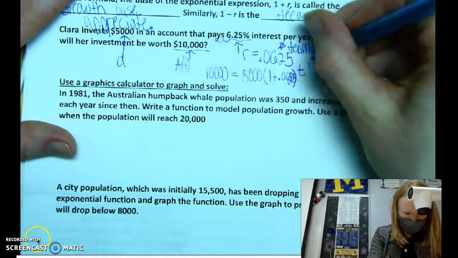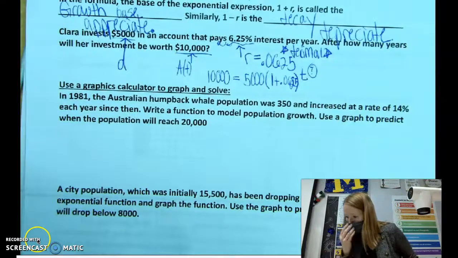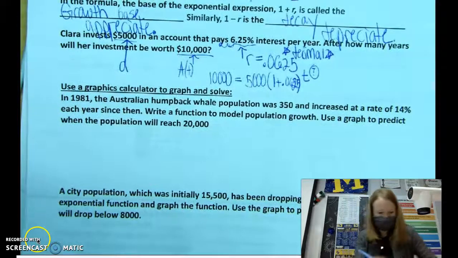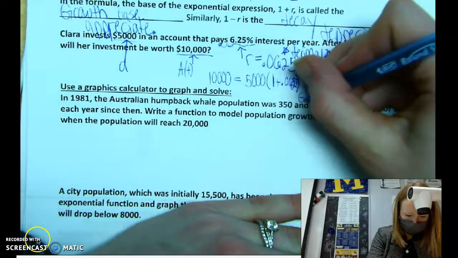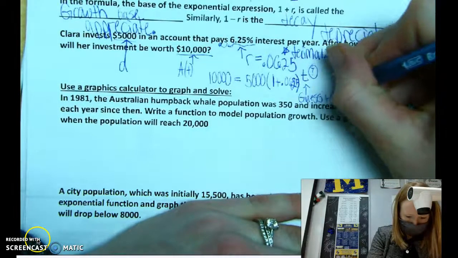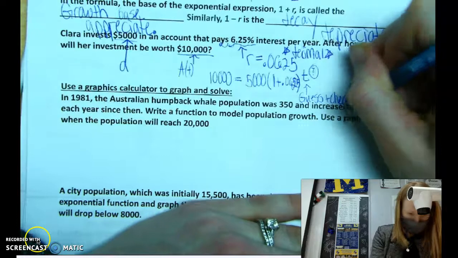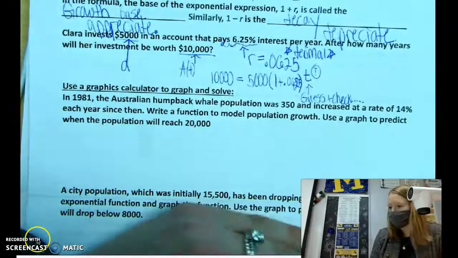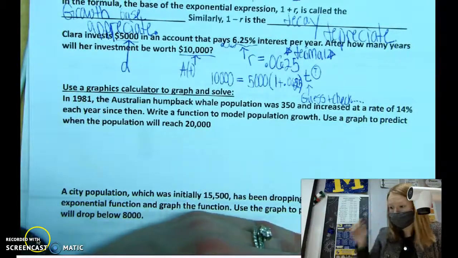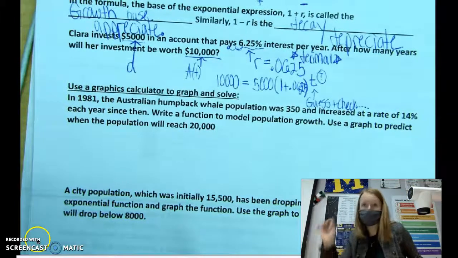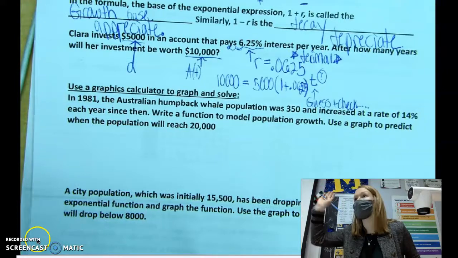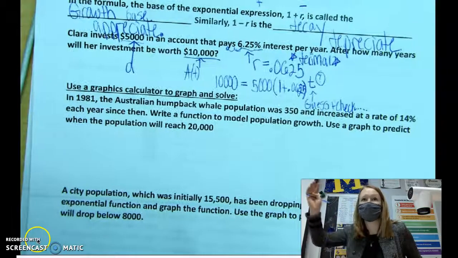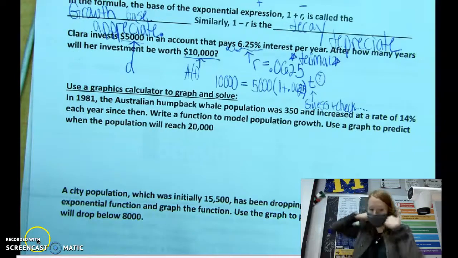And we need to figure out what that time would be. In this case, we don't know how to do this yet, so you'd have to guess and check. If you were to start plugging in for t, you plug in 1, see if you get to 10,000. Plug in 2, see if you get to 10,000. Plug in 3, see if you get to 10,000. Takes forever, right?